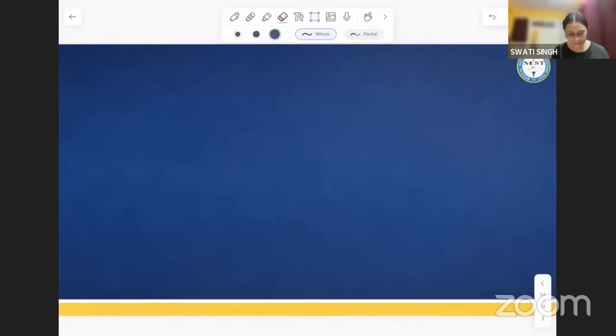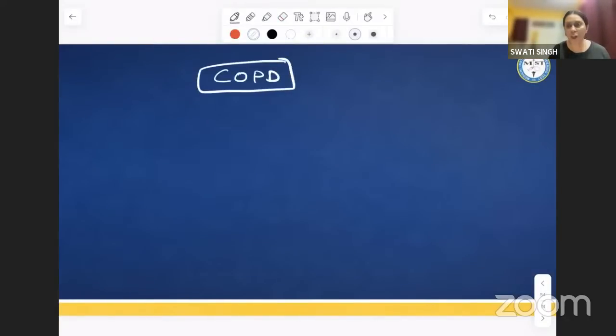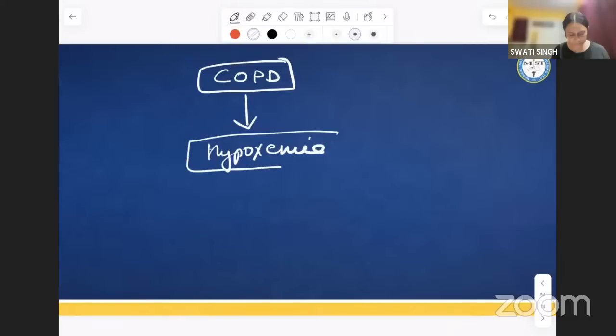So what are the things? COPD. Patient is having COPD and now patient comes in hypoxemia. Right? So you definitely have to give oxygen.